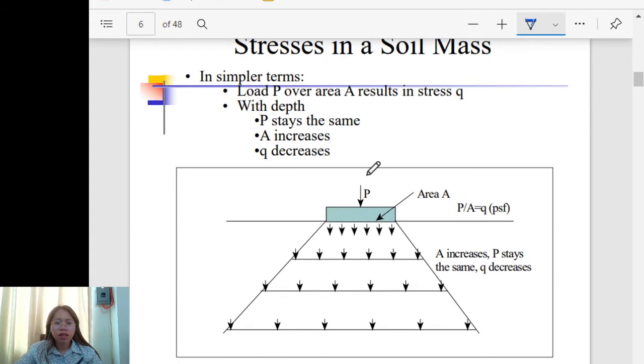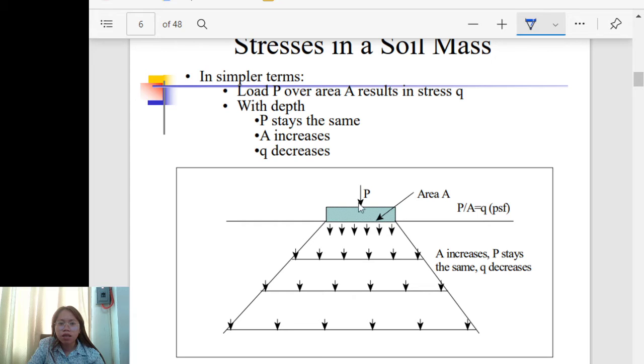So in simpler terms, load P over area results in stress q with depth. P stays the same, the area increases, and q, or the stress, decreases.